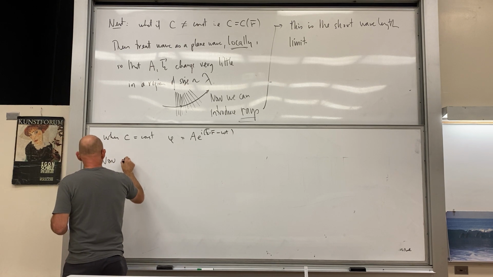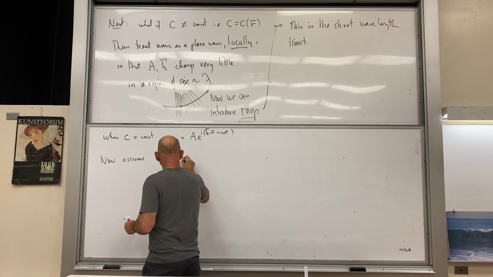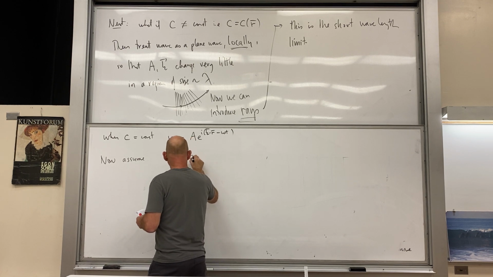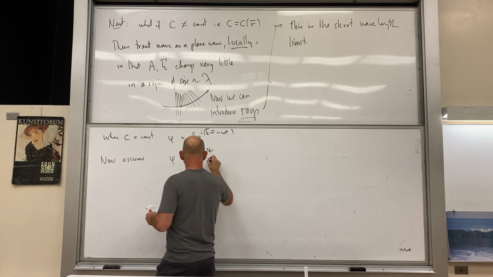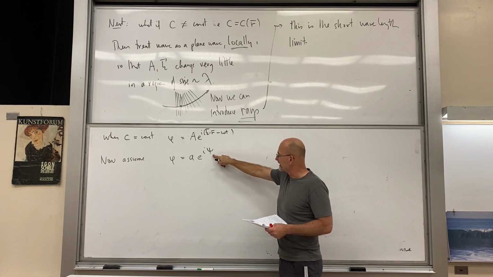Now we're going to assume phi equals a e to the i times C. So this phase we're just going to represent like that right now.